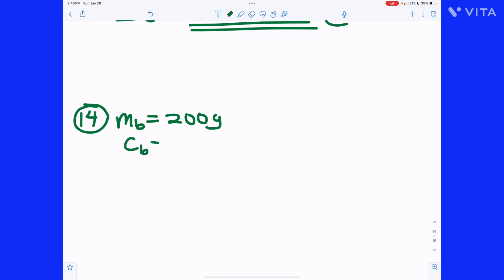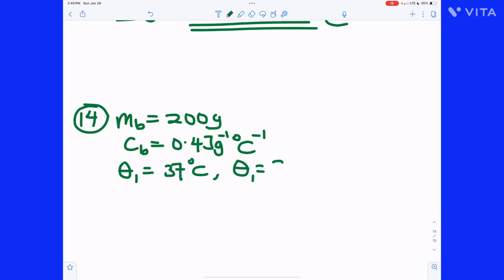Specific heat capacity of the body 0.4 joules per gram per Kelvin or per degree Celsius. It's the same thing, so we could actually write per degree Celsius for this. Another thing is initial temperature 37 degrees Celsius. Final temperature 31 degrees Celsius.